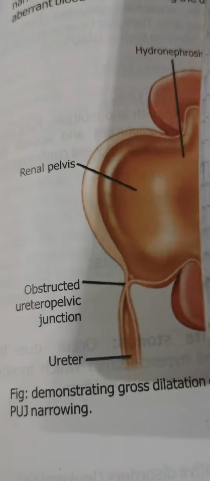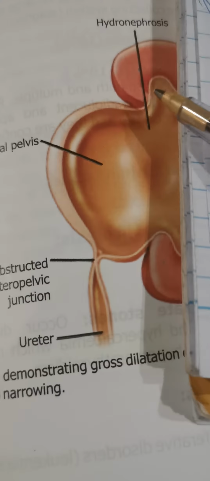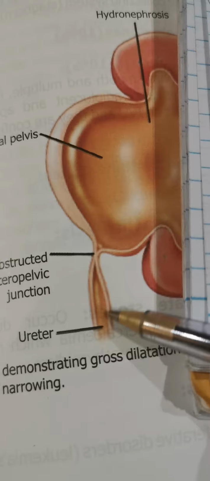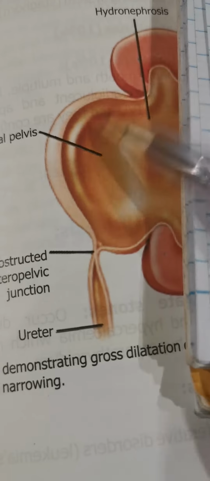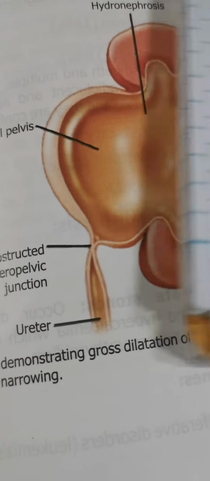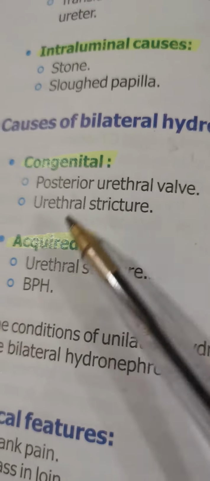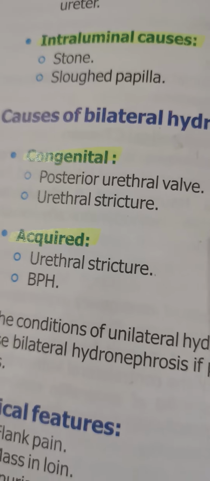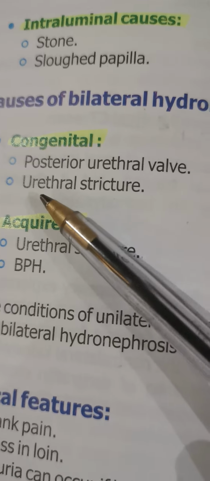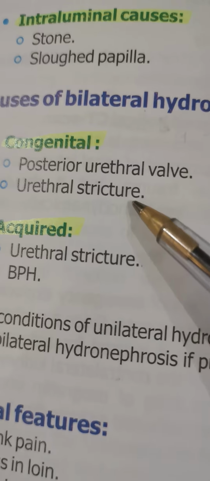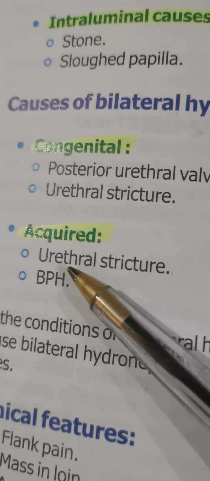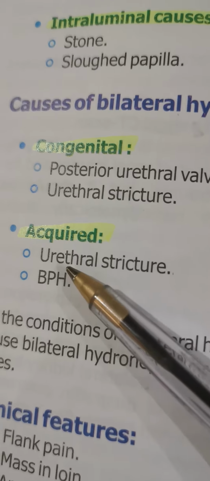And the cause of intraluminal obstruction would be stones or sloughed papilla. So bilateral obstruction may be congenital or acquired. Congenital obstruction would be posterior urethral valve, urethral stricture, and acquired include also urethral stricture and BPH.